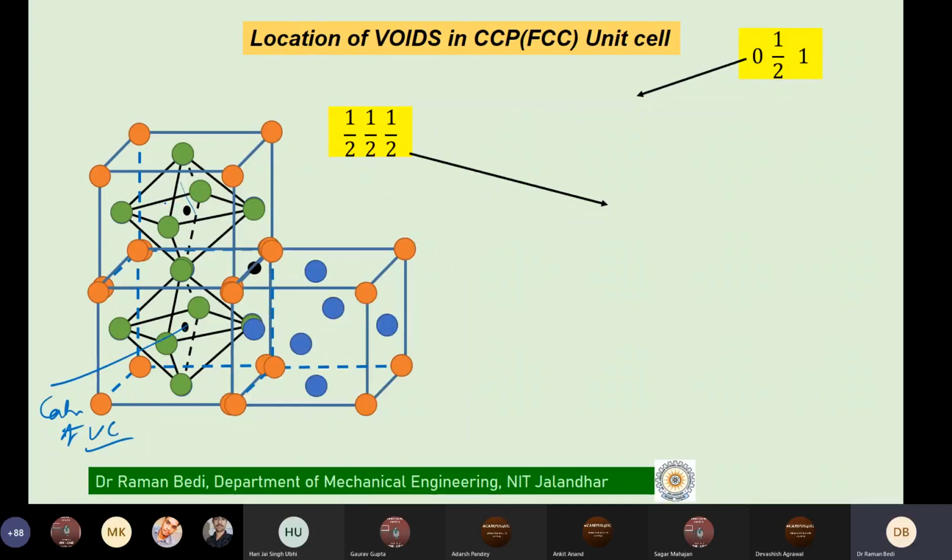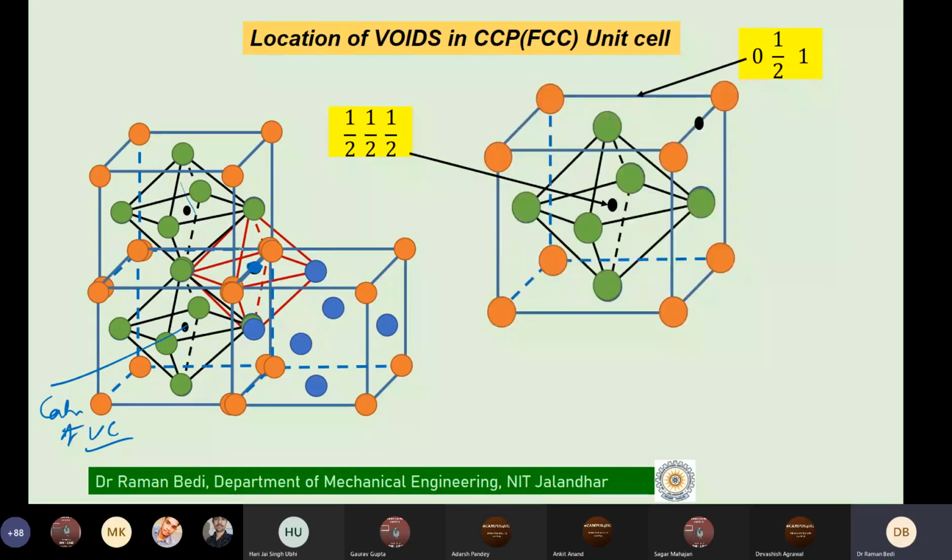If I add one more unit cell here towards the right, and then try to imagine where is the one which is being created at the edge of the unit cell. So this is how this is created. You have one more octahedron being created at each of the edges of the unit cell, and that is where the second octahedral void is located.